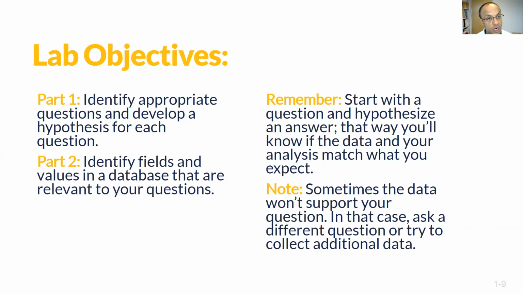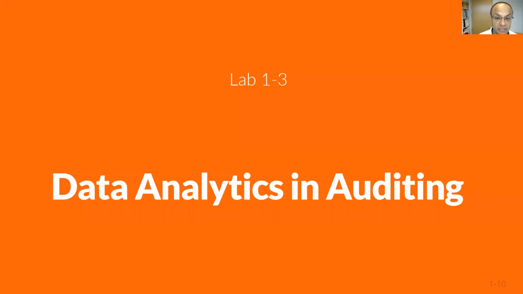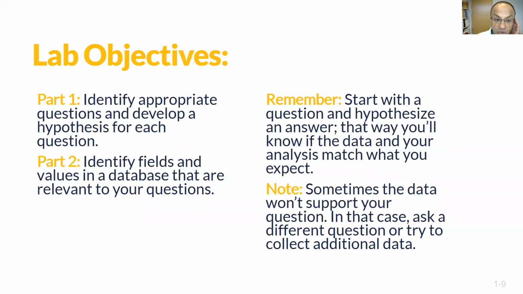Then you try to master the data by getting the right data. So here you identify the fields and values in the database, and then you start by downloading the data. For example, for the hypothesized answer, you say, well, customers are likely to have many credit accounts.